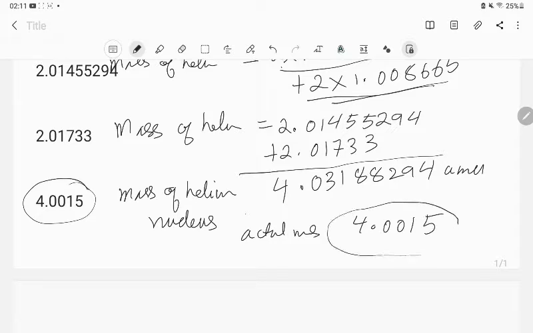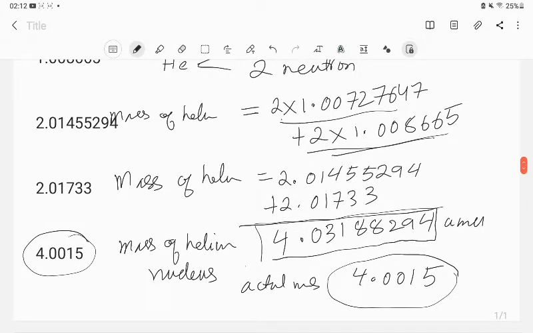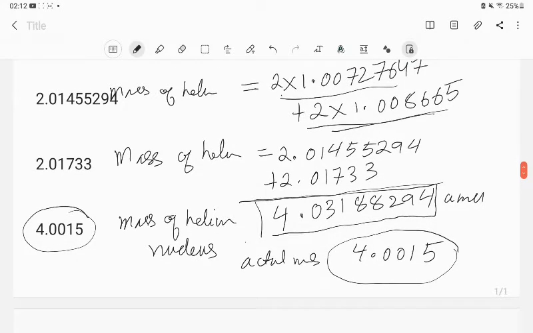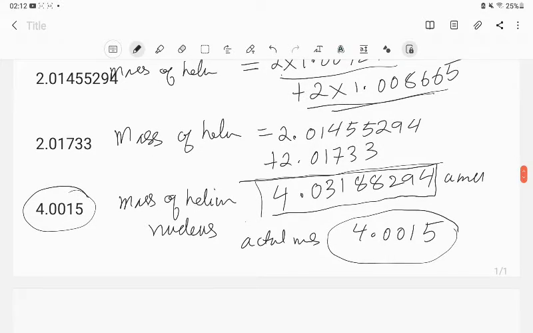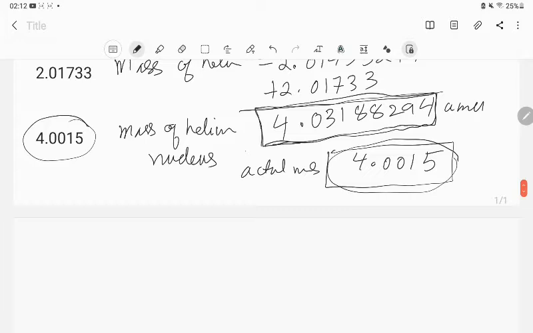So the actual mass is lesser. Taking individual nucleons, that is the mass of protons and neutrons, we get this much, but in actual it was found using mass spectroscopy that the mass of the helium nucleus is less. So which one is bigger?